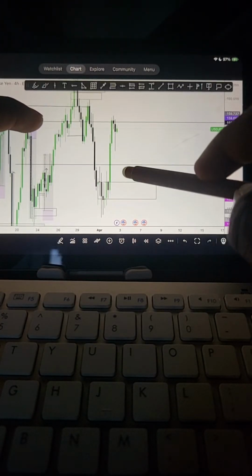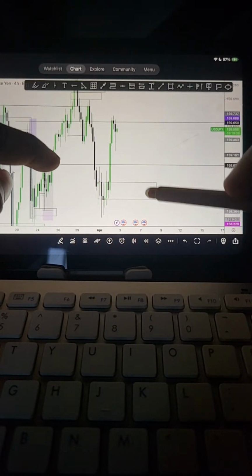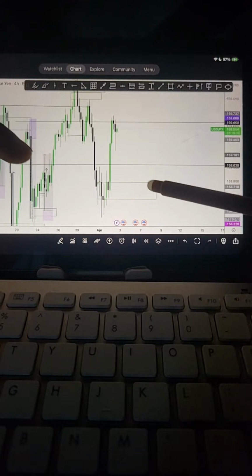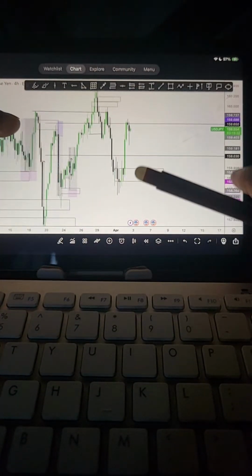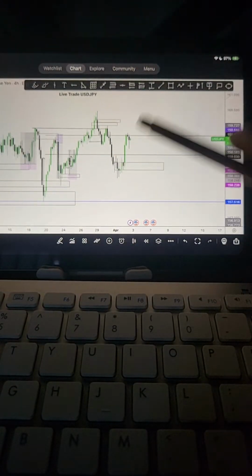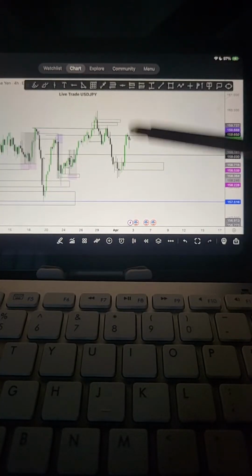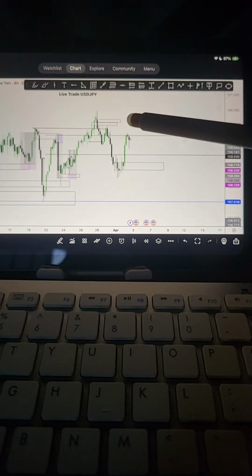When price gives us that liquidity build up and then takes out the liquidity, we'll get involved in the trade from around here. For now we do the waiting game, because I only want to be looking for buy opportunities on USD JPY currently. Any opportunity I see, I'll be taking a buy on this asset.